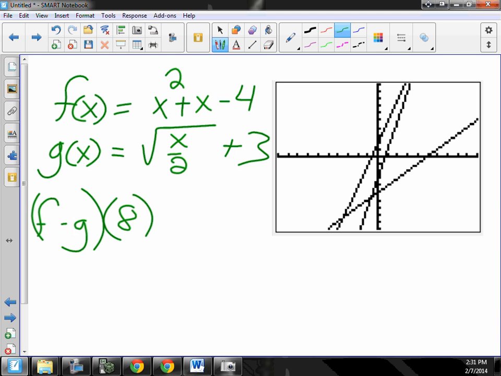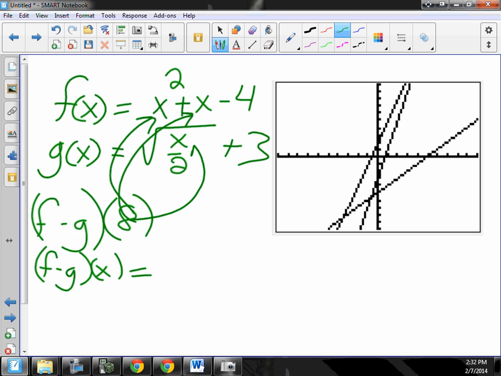Do I know what f minus g of x actually equals? No, I could find it out, right? And I could write it out and simplify and then plug 8 in to figure out what the answer is. But I'm lazy, and I assume you are too. So instead, I just plug 8 in here, and then in there, and what do I do to the two values? Subtract the answer from g from the answer from f.